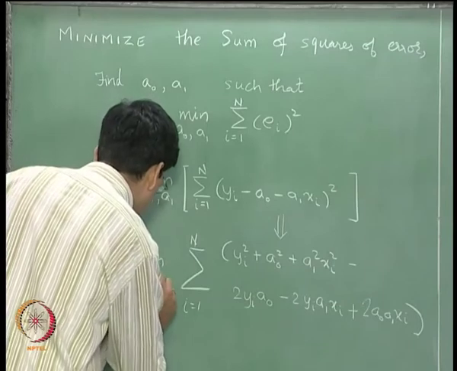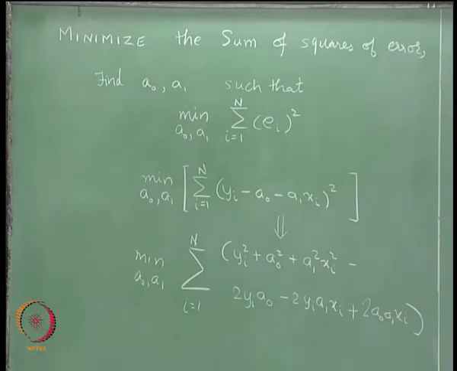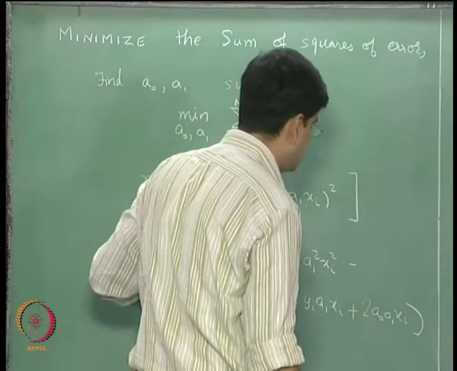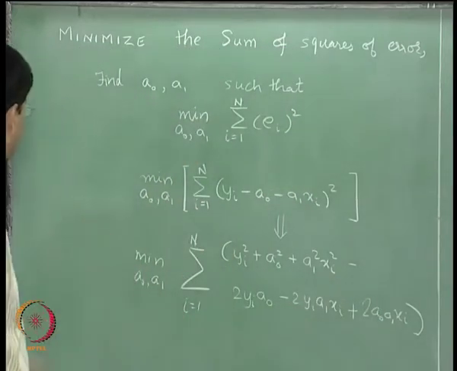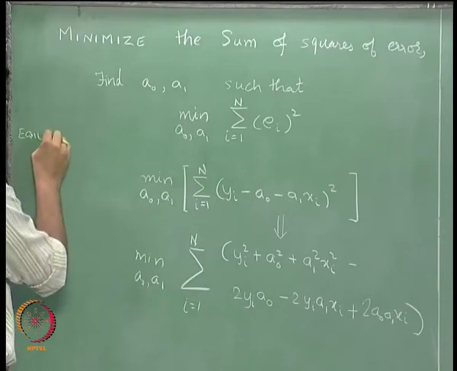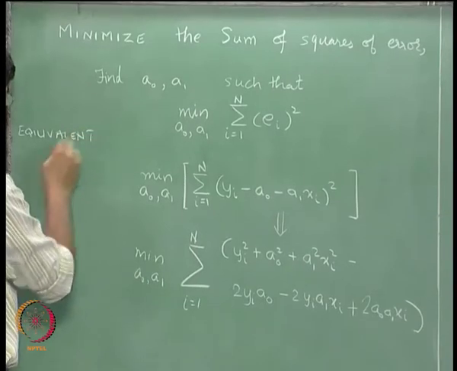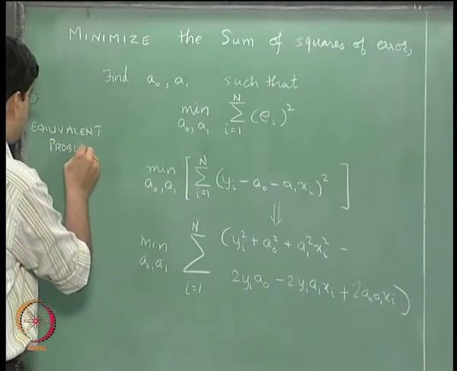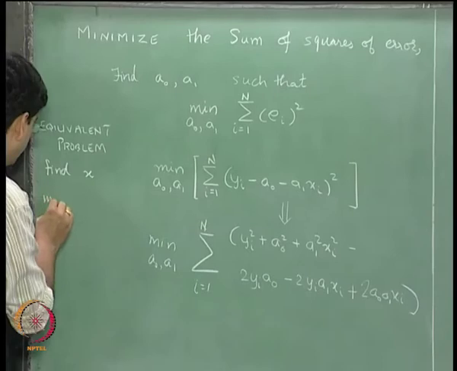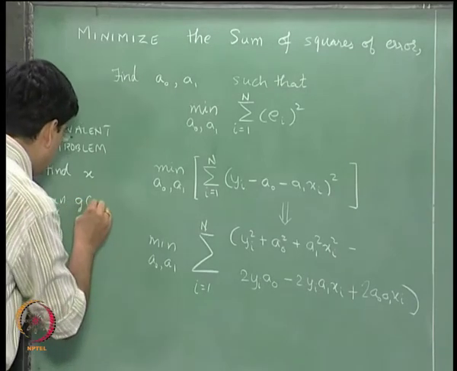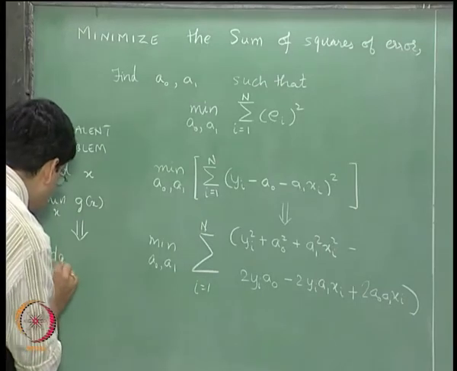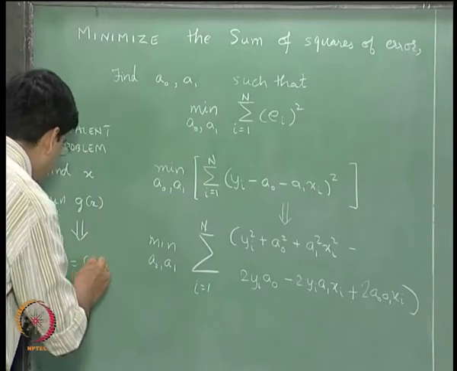Minimize over A0 and A1. Now how do we find the values of A0 and A1 that minimize this particular function? Let us look at the equivalent problem: to find some x that minimizes g of x, we are going to take dg by dx, the slope, and equate it to 0.